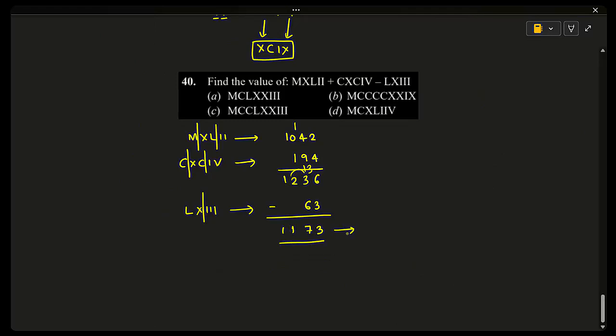Finally, we have to convert this back to Roman numerals. As I told you, the shortcut is to use place values. 1173: split into 1000 and 173 using place values. 1000 we write M, 100 we write C, 70 we write LXX, 3 we write III. MCLXXIII. I can see option A is correct.